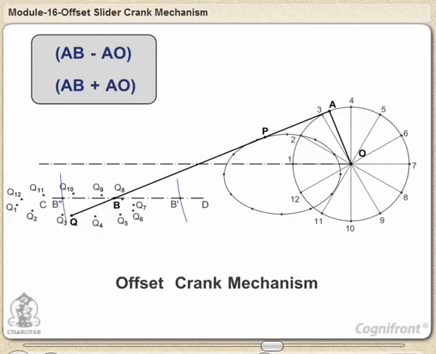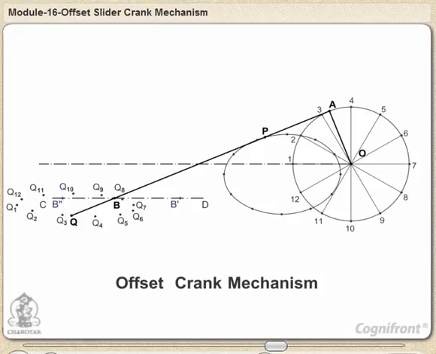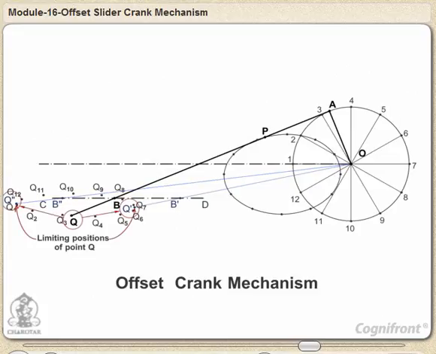Then draw B'O and extend it further, which gives point Q'. Similarly, draw B''O to obtain the point Q''. These are the limiting positions of point Q. Joining the points obtained gives the path that is the locus of point Q.